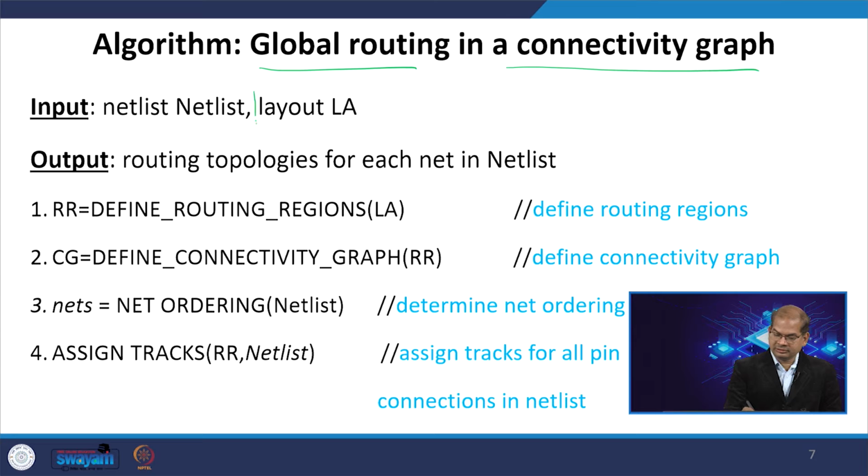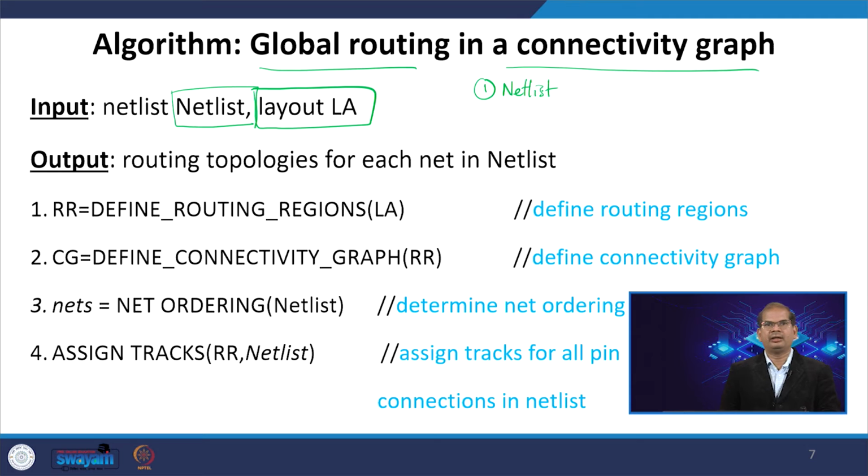First one is the layout of the design, and the second is the net list, how the nets are connected, how the pins are connected. These two are given to us.